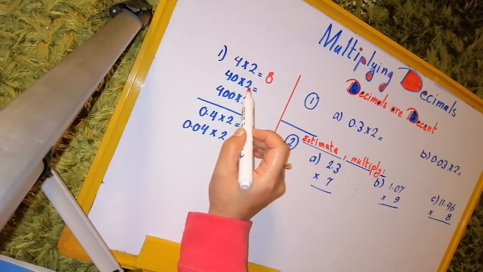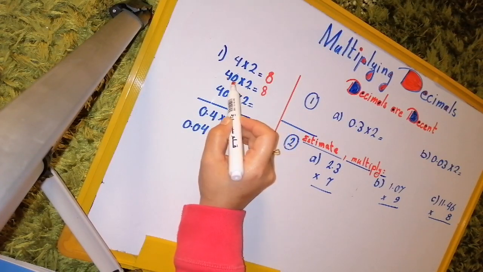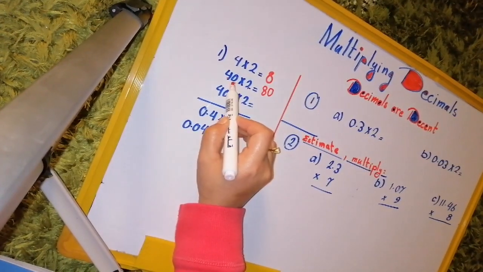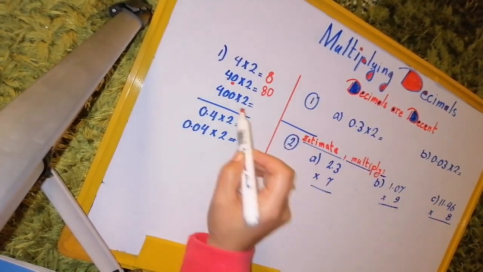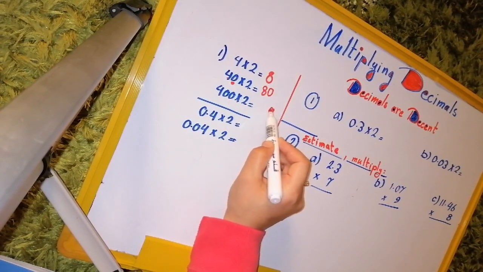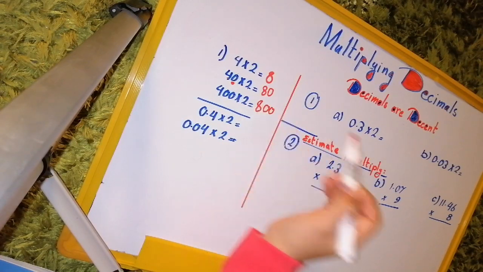I'm going to multiply the 2 times 4. It will give me 8. But first, I have to put the 0 on the right side, as it's here on the right side of the number. Here the same. I have 2 zeros, so I'm going to put 2 zeros first. Then 2 times 4 is still 8.